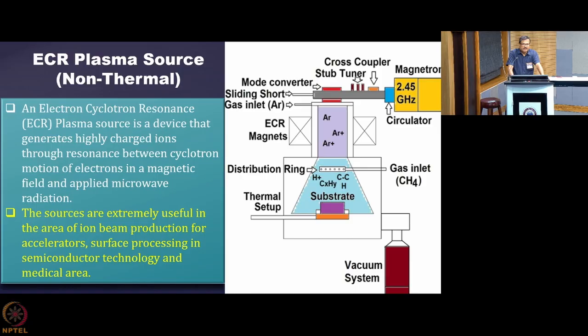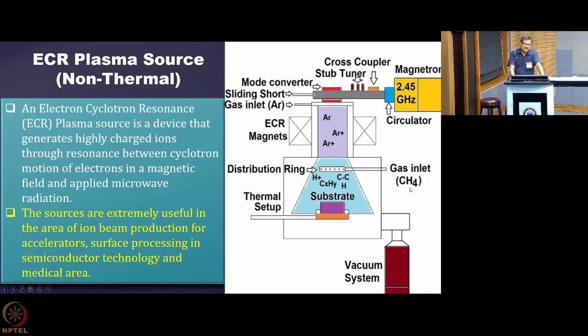Depending on the case, I will be explaining that with a numerical example: what should be the magnetic field if you want to energize the plasma in a cyclotron way. So, this is the chamber, and then when this plasma comes out, you see here, there is a gas inlet where the gas of your interest can be inserted.